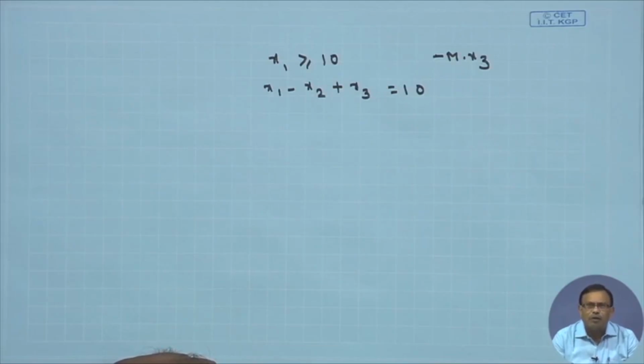Whenever we want to do it computationally using a computer, this approach may not be appropriate, because sometimes it may be difficult to judge what the value of capital M should be, because we cannot predict what kind of coefficient or constant values will be there for a particular problem. Anyway, we will discuss that part afterwards.